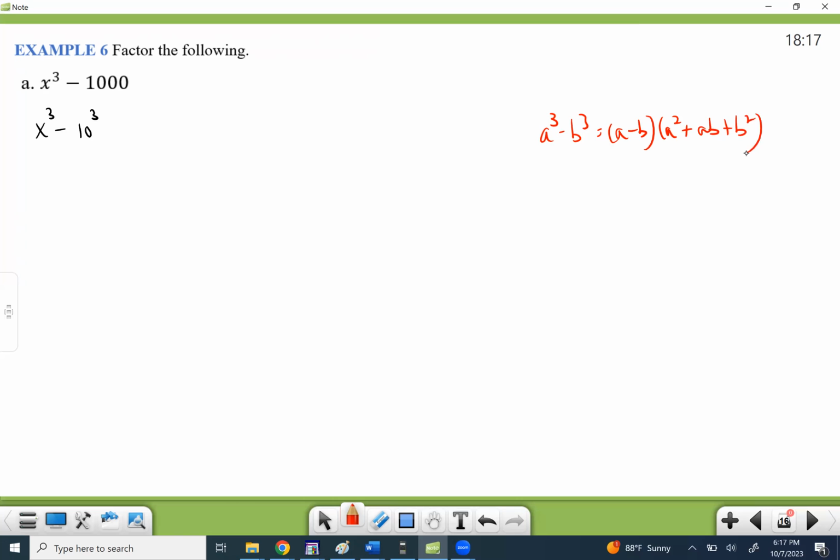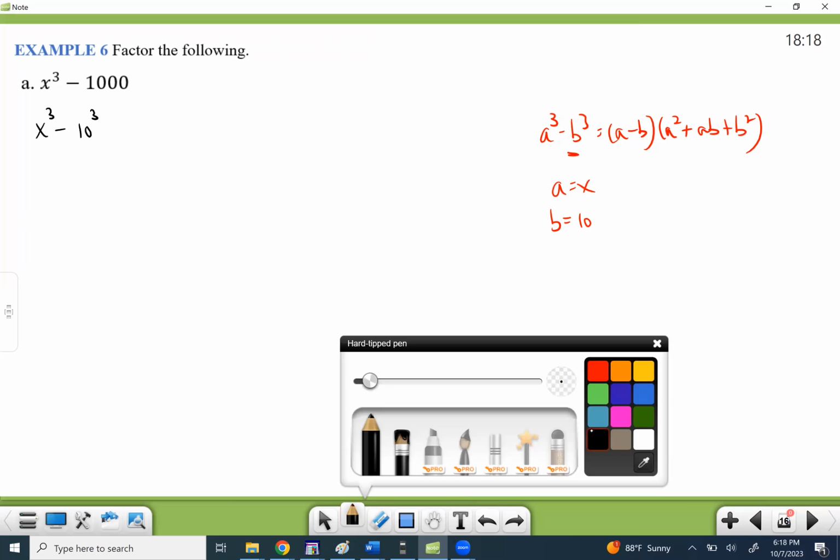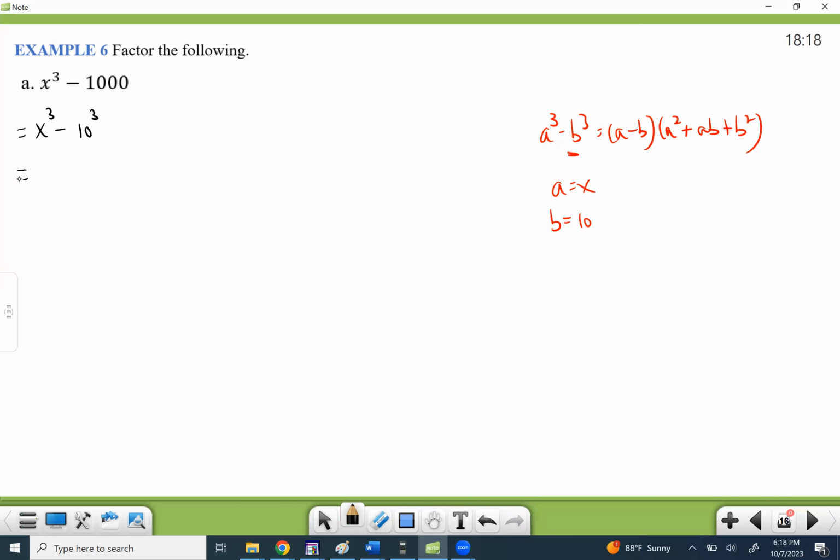Okay. So now it's just a matter of filling in. I mean, hopefully you can tell in our case, A is X. These are in the same position, right? And hopefully you can tell that B is going to be 10 because these are in the same position. All right, so now we're ready to fill this in. So if we're using the right-hand side, you guys, the A minus B would be X minus 10.